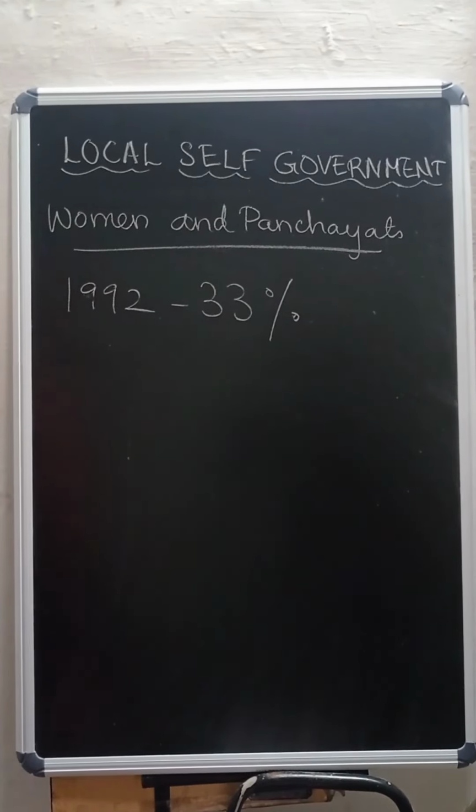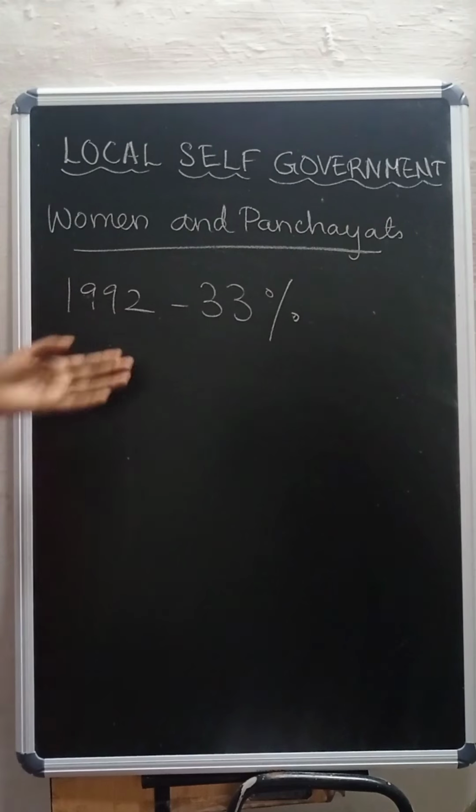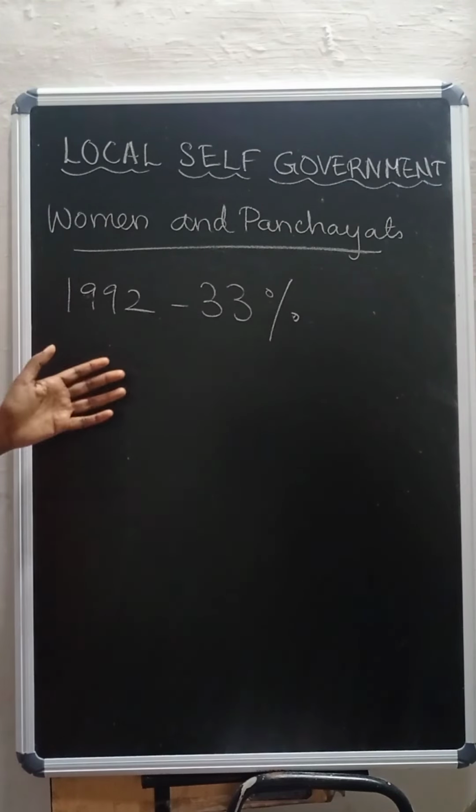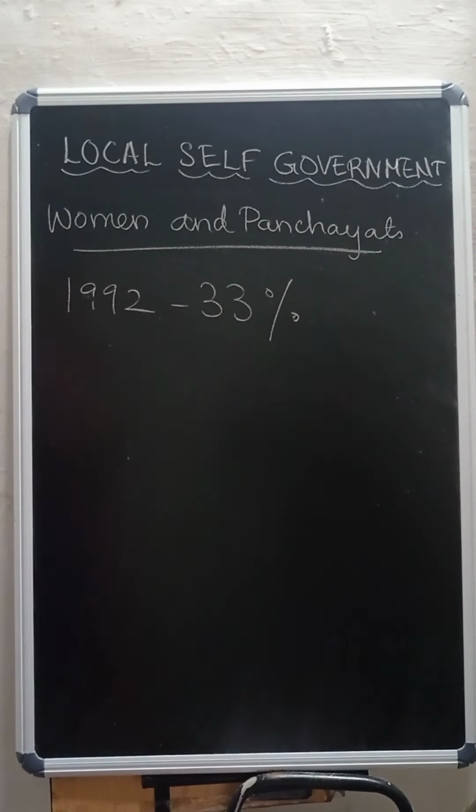We have already studied in our previous lesson, on the role played by gender, that women were not allowed to participate in politics for several years, but later on they were allowed to participate in politics. So from the year 1992 they were allowed to become members of the Gram Panchayat, and women started contributing towards it.